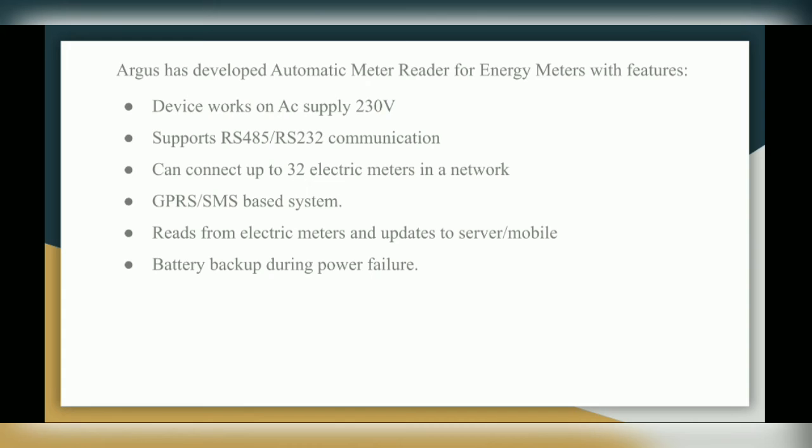So by this AMR you can connect up to 32 meters. A GPRS or SMS based system reads from electric meters and updates to server or mobile. Battery backup during power failure. So these are the features for this automatic meter reader.